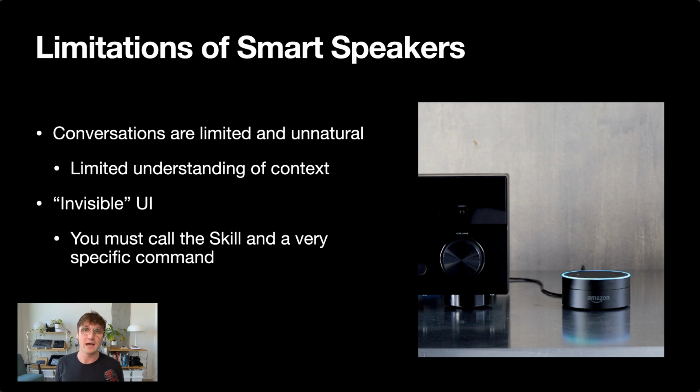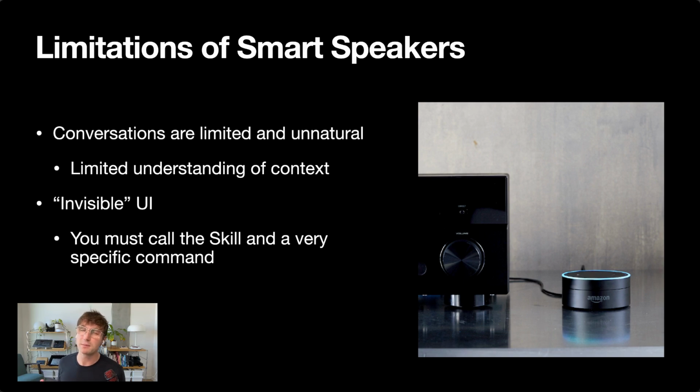And that leads me to the second point, which is the skills that are available in a platform like Alexa. So skills, if you don't know, are like apps that you would find on your iPhone, but for your Echo devices. And these skills allow you to go get specific information or play games, or interact with certain platforms like Spotify, for instance.